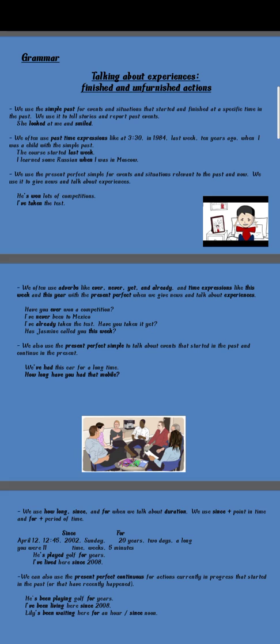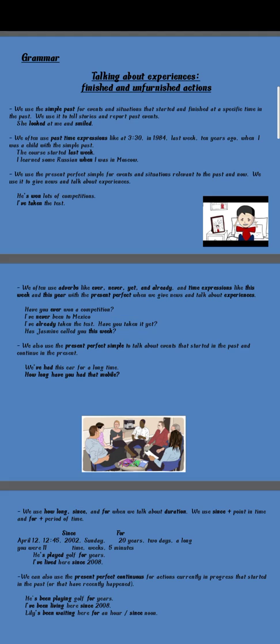Now let's move to the present perfect. And the present perfect is somehow like the past simple in the way that we talk about something that happened in the past, but it's related to the present. So why do we use it? We use it when we talk about general past. We talk about news and talk about experiences.